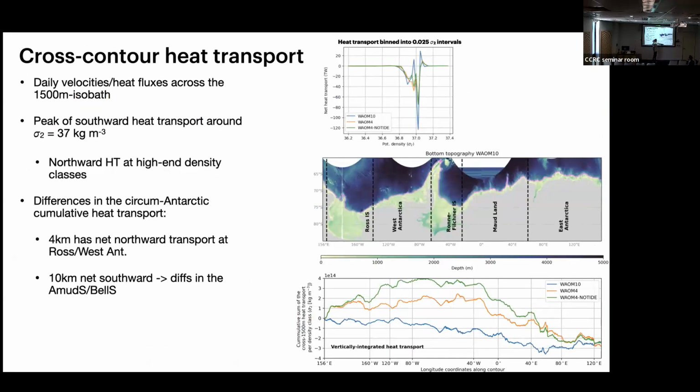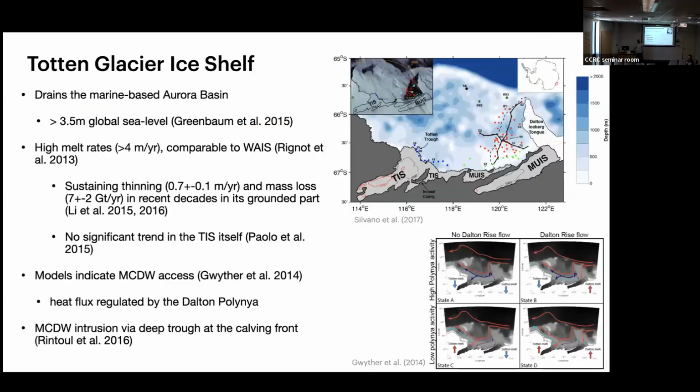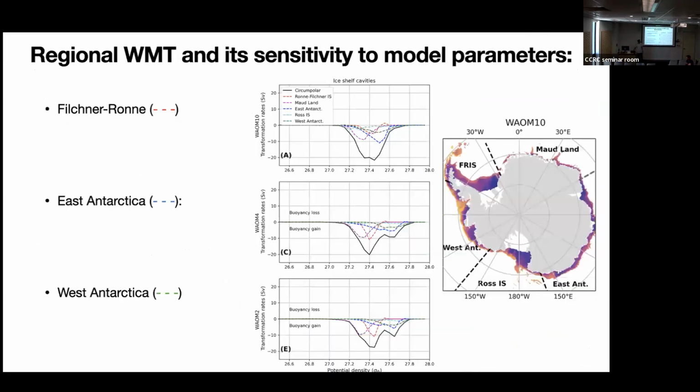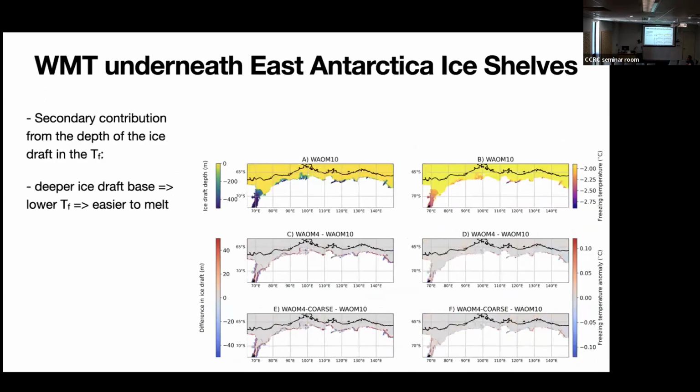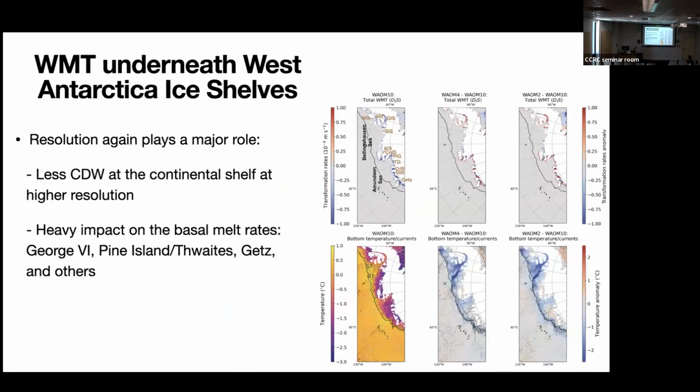The 10 kilometer is definitely showing southward heat transport, while the 4 kilometer is definitely northward. So you don't have that same circumpolar deep water transport. And that's pretty much what I was showing you in this chart. So there's the cold biases there. Make sense?